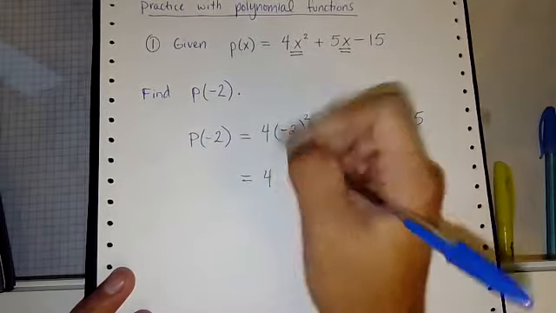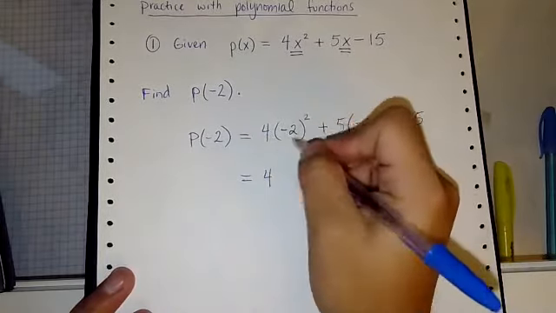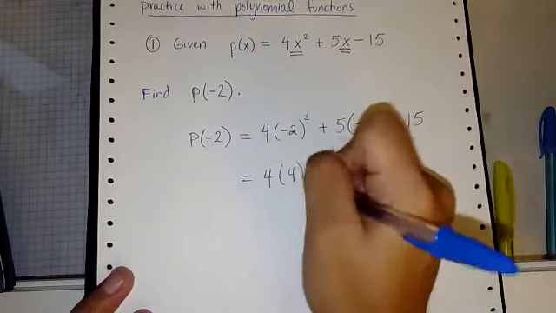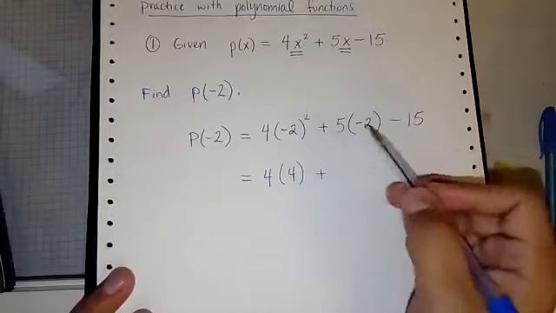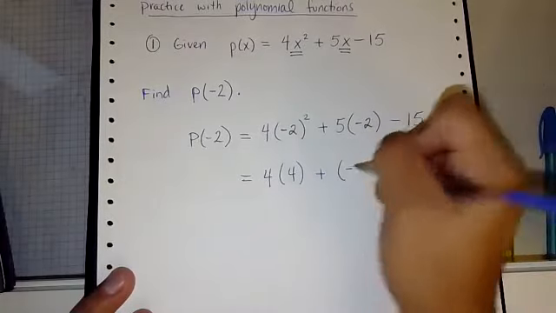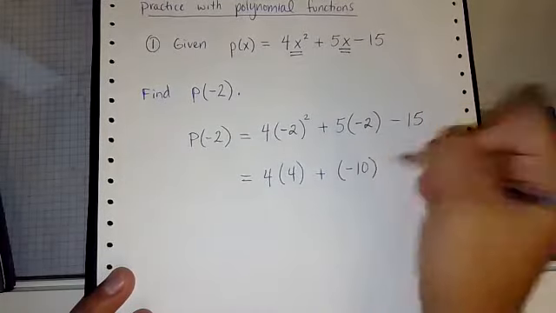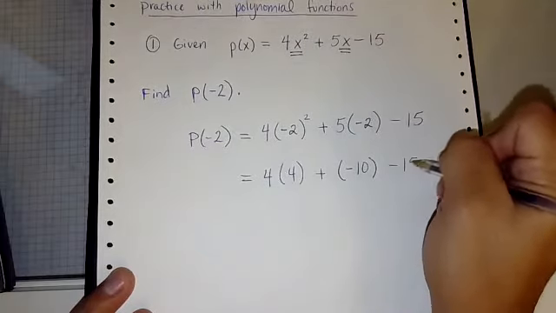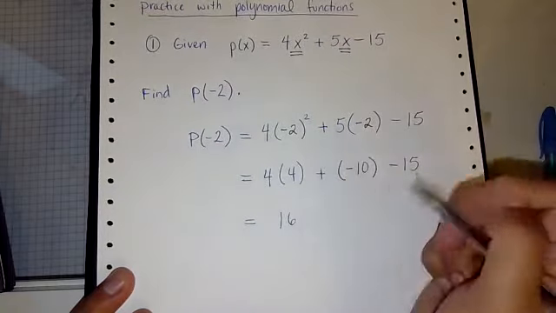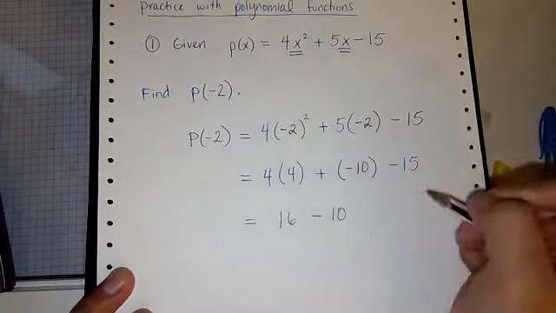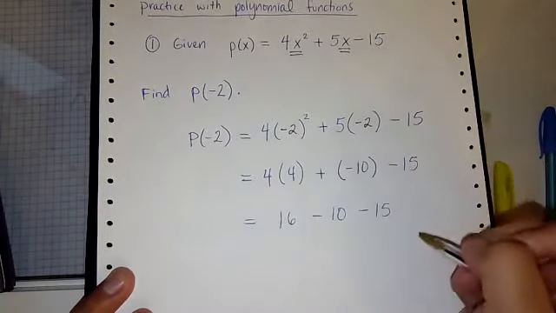So we'll have 4. This 4 just comes down, but this exponent will be 4, plus 5 times negative 2 is going to be negative 10, minus 15. If we continue simplifying, we should get 16 minus 10 minus 15.